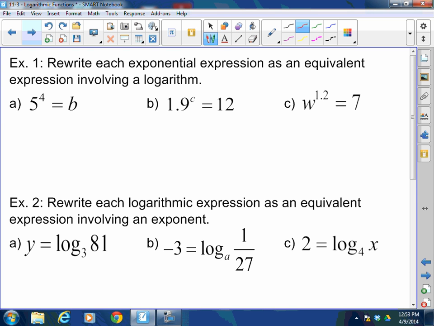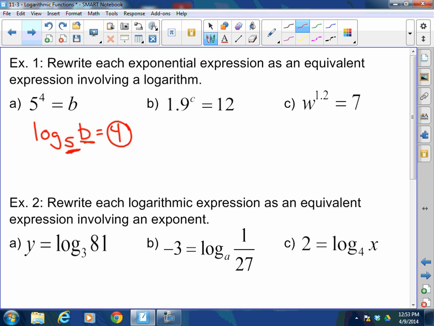What's the exponent here? So as a log base 5, what's the answer? 5 to the 4th power equals b. Does that make sense, guys?